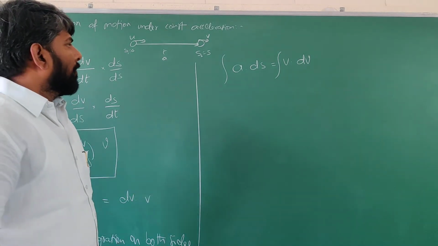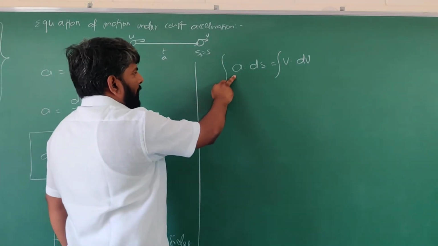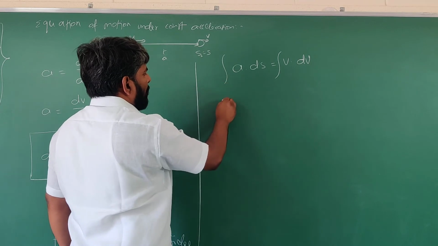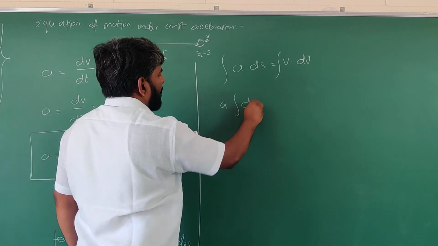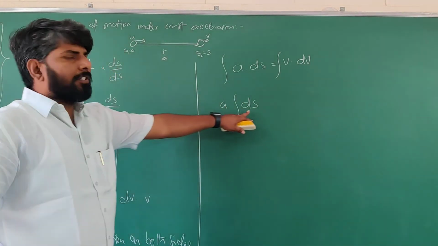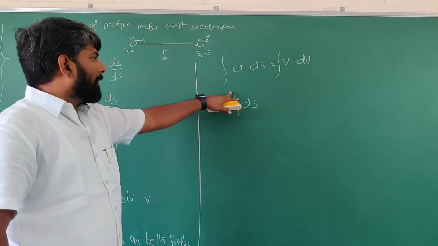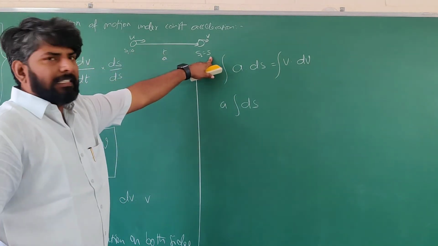Now acceleration is constant, right? So a comes out. What is remaining? Integration of ds, the displacement. What are the limits? From 0 to s.